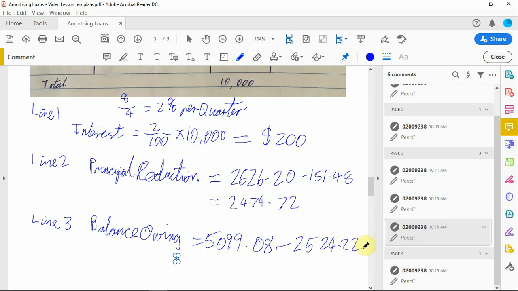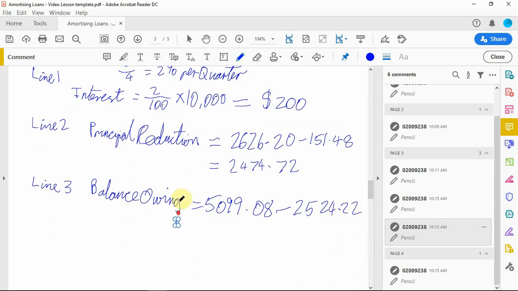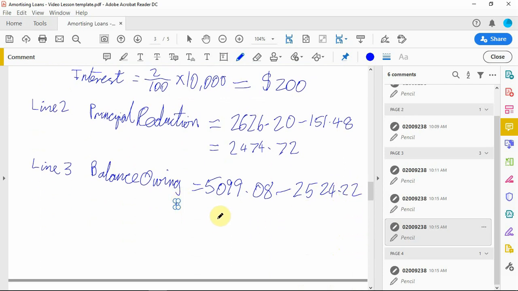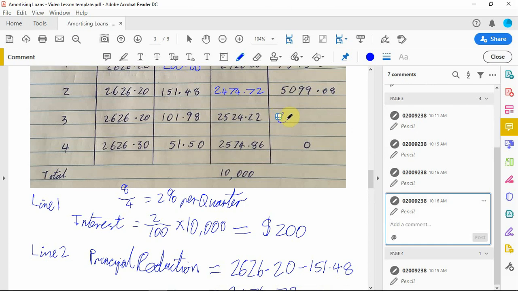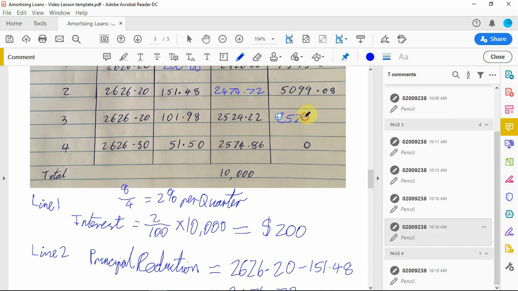When you work that out on your calculator, you find that it would equal 2,574 and 86 cents. So we can put that up, 2,574 and 86 cents. All right.